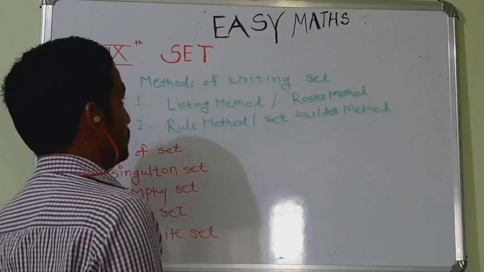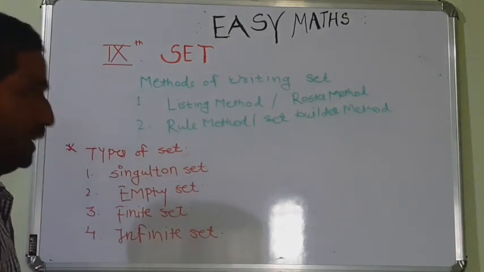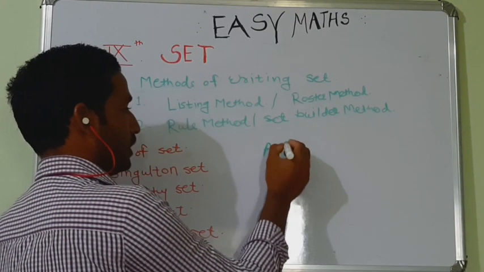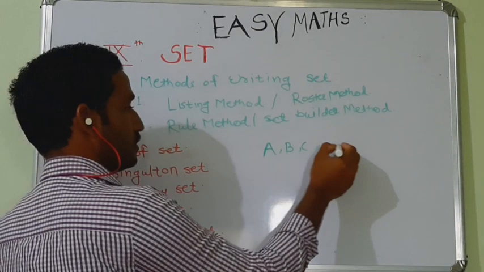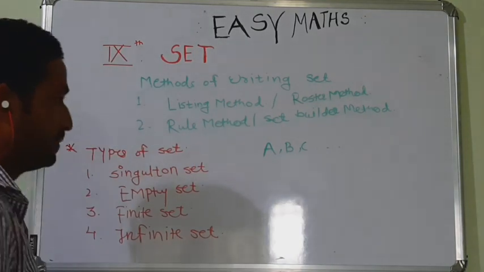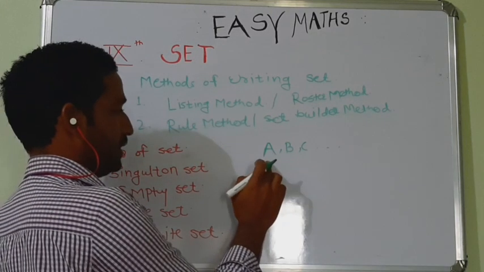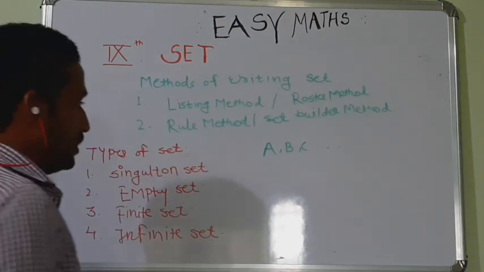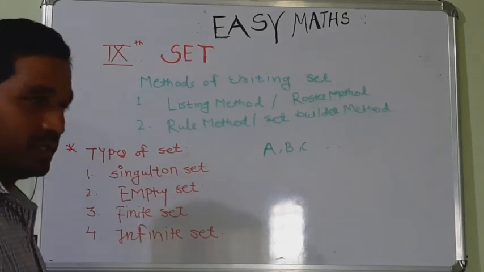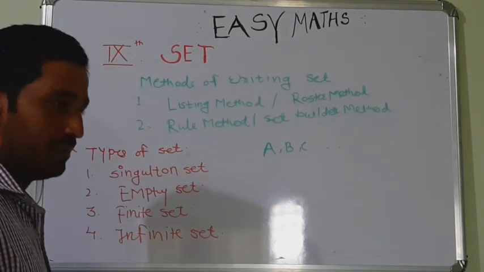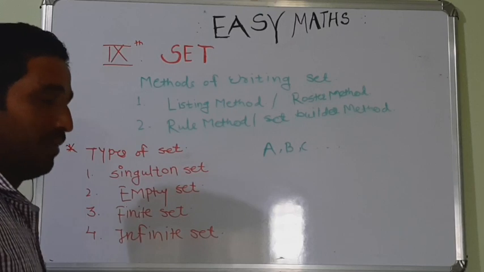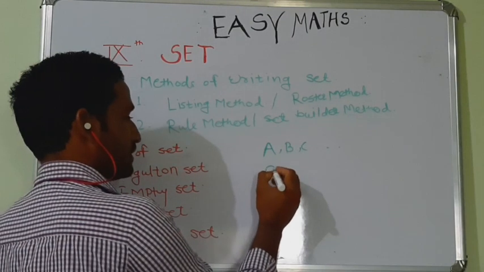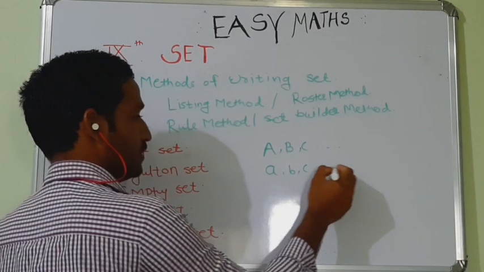Sets are denoted by the capital letters A, B, C, and every element in the set is called a member of the set or element of the set, and it is denoted by small letters a, b, c, like this.